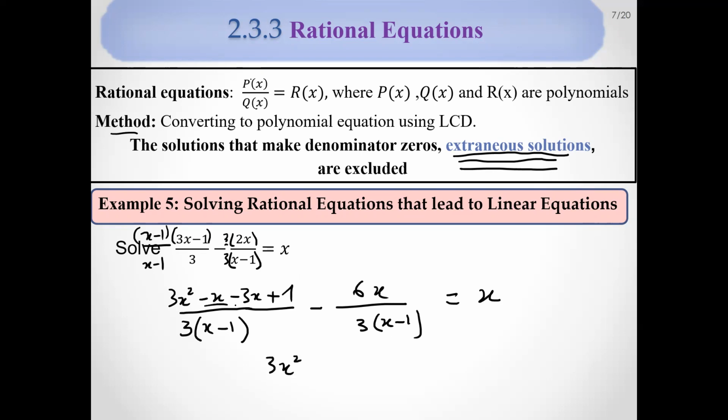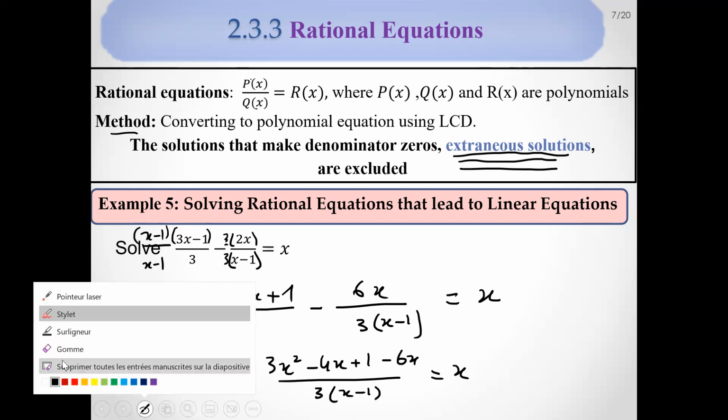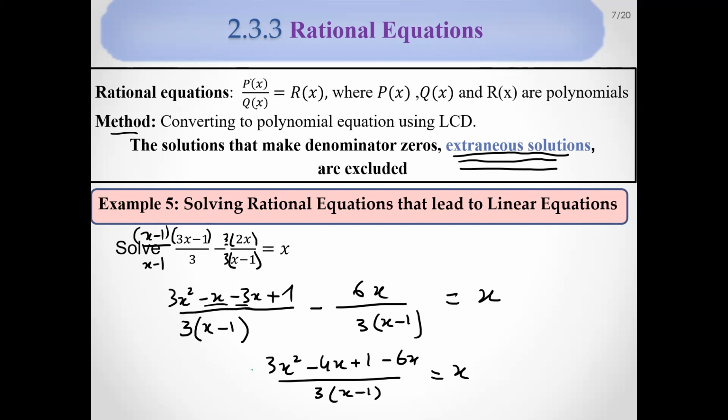Okay, so we combine into a single fraction. 3x squared minus x minus 3x minus 4x plus 1 minus 6x over 3 times x minus 1 equals x, and then we multiply by 3 and by x minus 1, both sides of the equation.